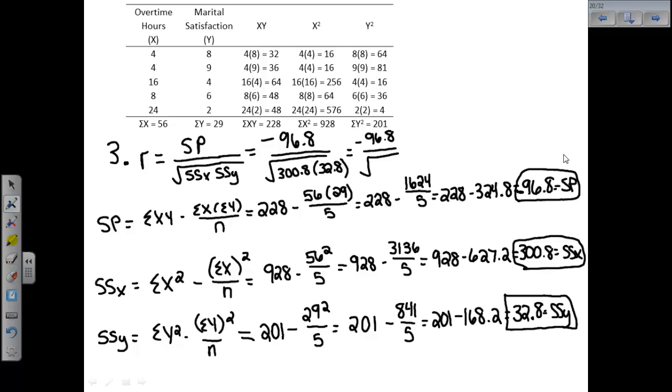So the square root of, 300.8 times 32.8 gives you 9,866.24. This becomes negative 96.8 divided by, so the square root of 9,866.24 is 99.3289.